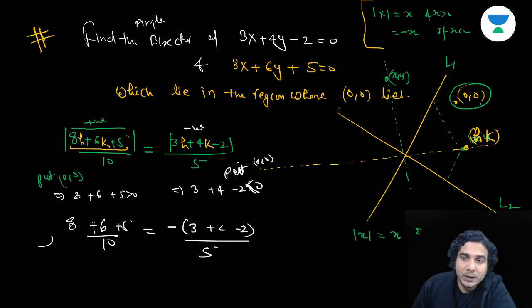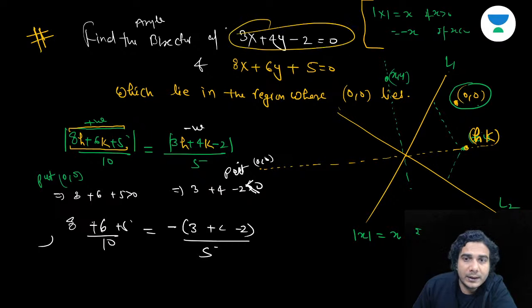So what I'm doing in this is, as I know that 0, 0 and h comma k lie on the same side of line L1, right? You can see, you are actually putting h comma k in the equation of line L1.